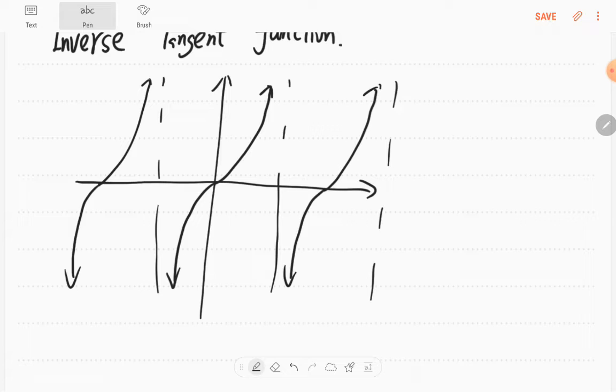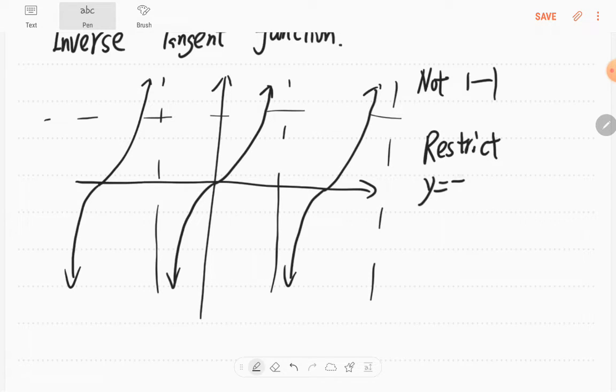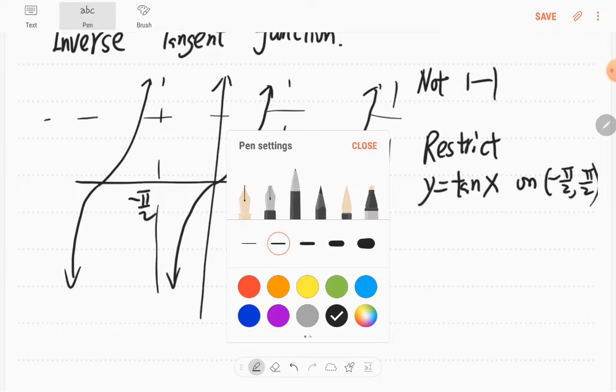So it's not 1-to-1 because if you draw a horizontal line, it intersects at infinitely many points. But again, we need to restrict our y equals tangent x on the interval from -pi/2 to pi/2. So this is pi/2, and here -pi/2. Then it becomes 1-to-1 because the curve is this part.